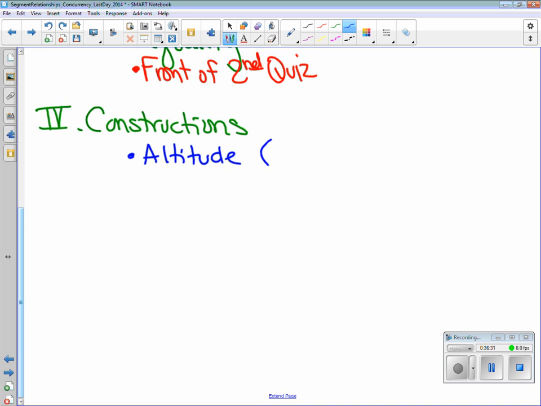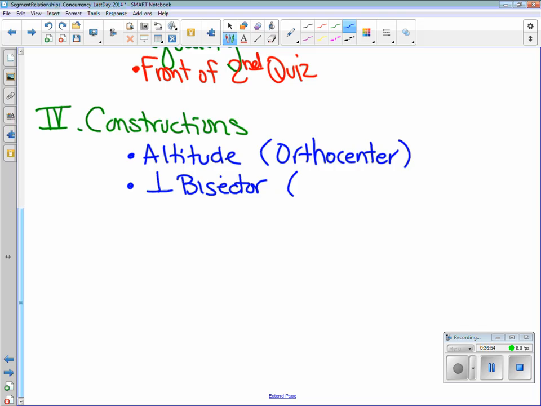You need to know these names, folks. Study them. Make flashcards to help. Okay? Orthocenter. So you need to be able to construct an altitude, or any 2 altitudes intersecting at an orthocenter. You have to be able to construct a perpendicular bisector, or any 2 perpendicular bisectors intersecting at what's called the circumcenter.